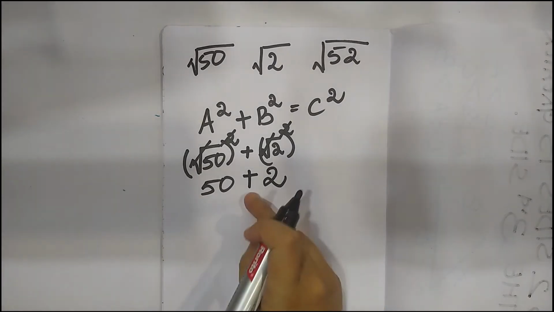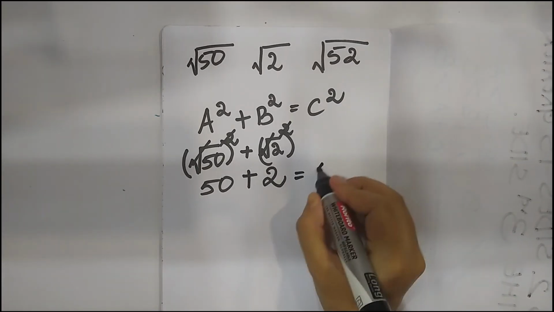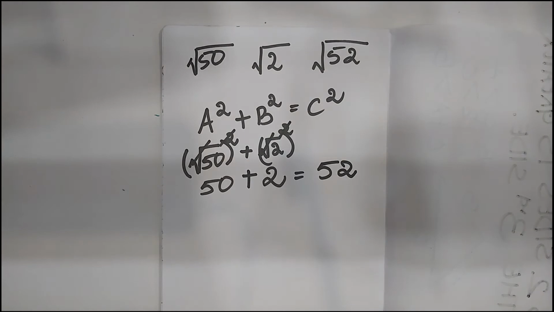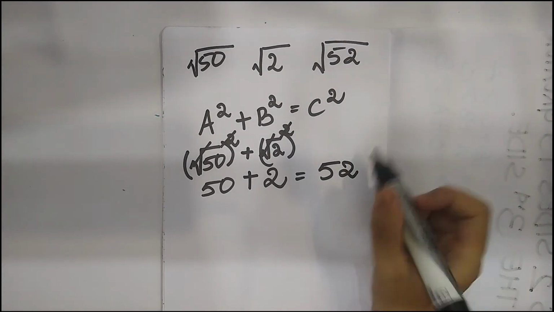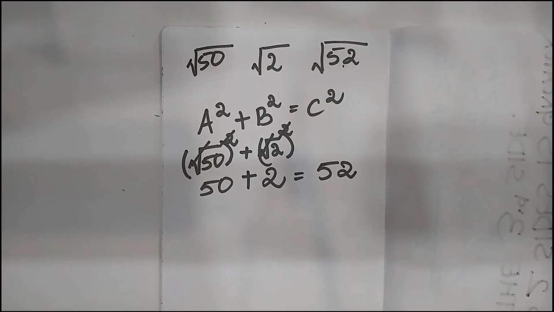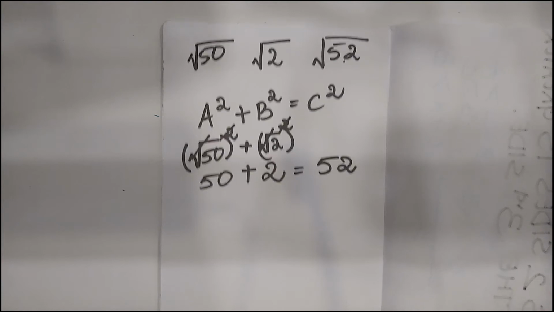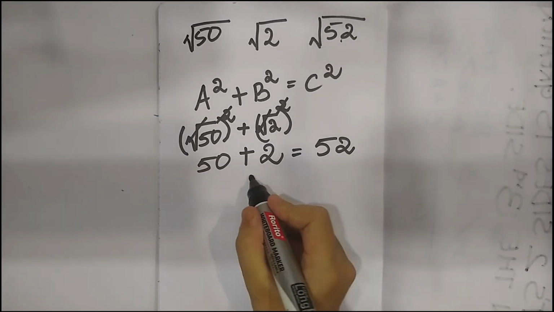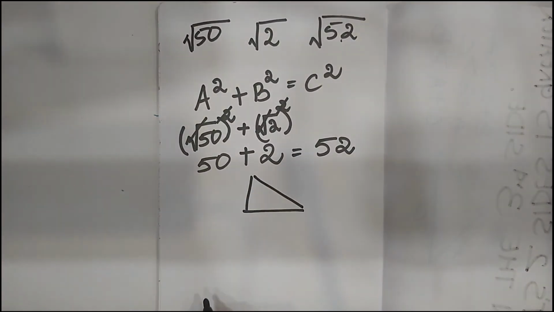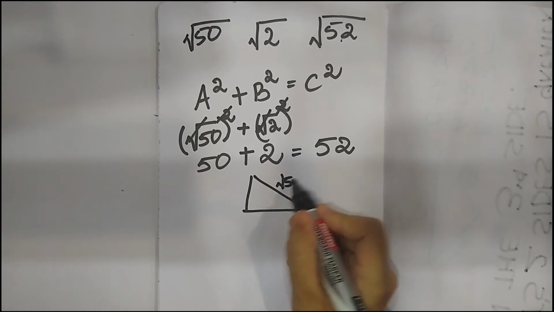So now what is 50 plus 2? That is equal to 52. Isn't that right? Isn't 52 the square of square root of 52? Right? So that is how we prove that this is a right angle triangle with this distance, the hypotenuse distance, as square root of 52, and the other two sides can be square root of 50 and square root of 2.